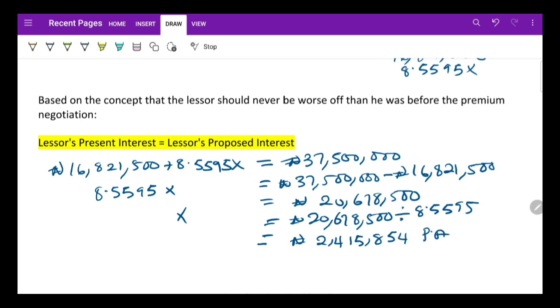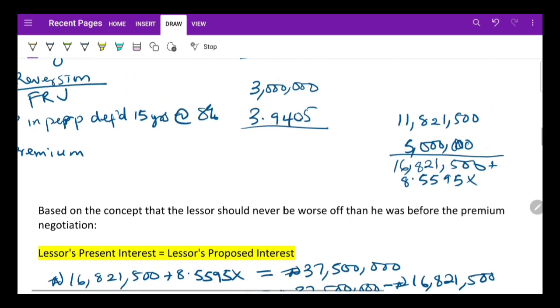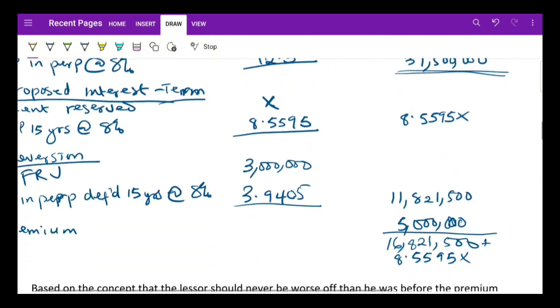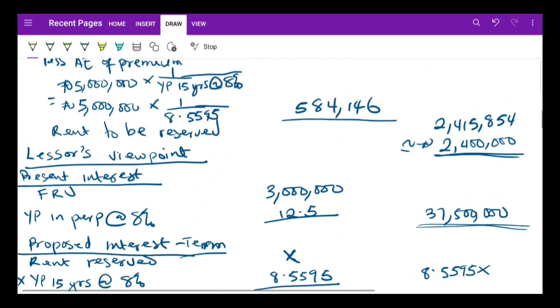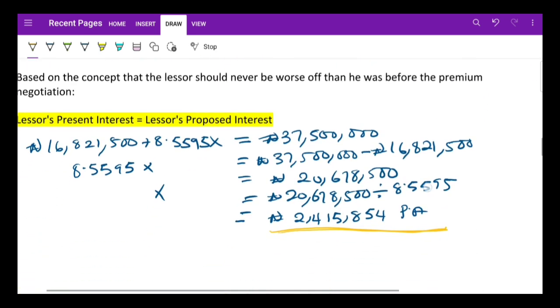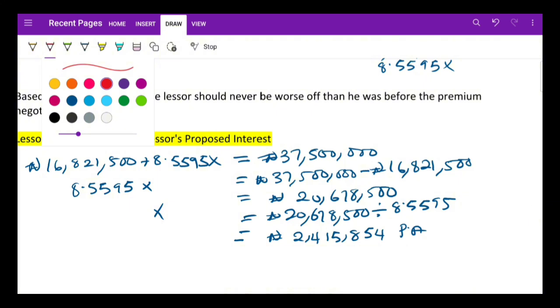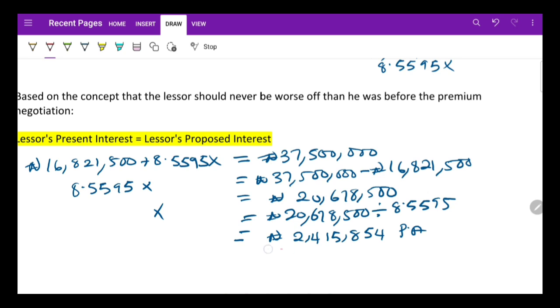So from the lessor's viewpoint, this is how much the tenant is supposed to be paying. As you can see, it is more than the lessee's figure, so from the lessor's viewpoint, this is how much the lessee is supposed to pay after paying the premium.